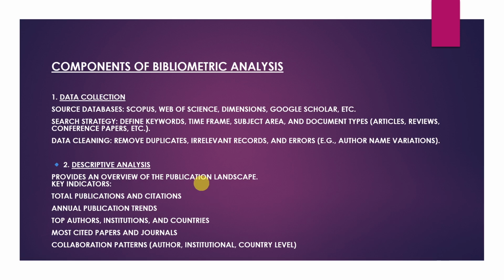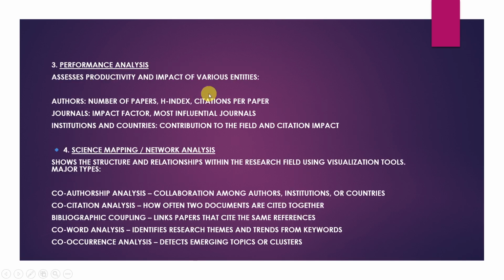Then you have the most cited papers and journals of a particular domain or area. Then you have collaboration partners, the authors, the institutions, and the countries who have collaborated on a particular field of study.